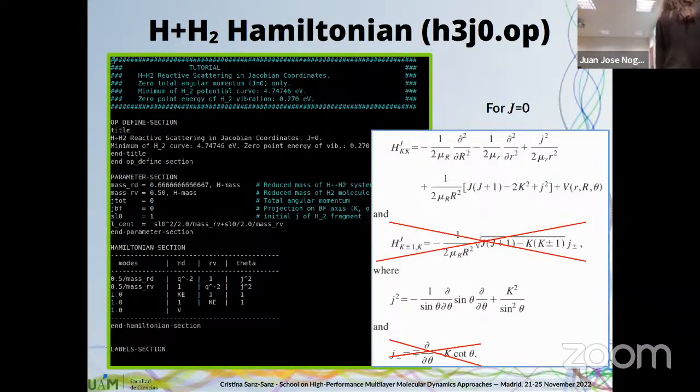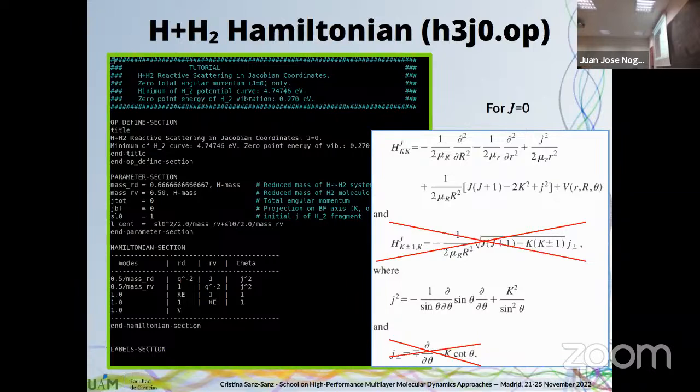So we all know that we have a vibrational state, but we can set as well a rotational state. So then we have set this initial J for the H2 fragment equal to 1. And then it defines this L cent that will be part of the Hamiltonian later. I will show it to you later for the diatomic molecule.